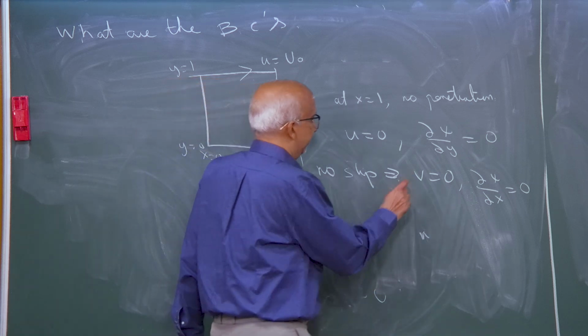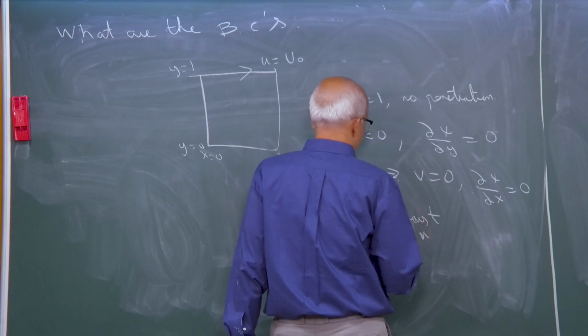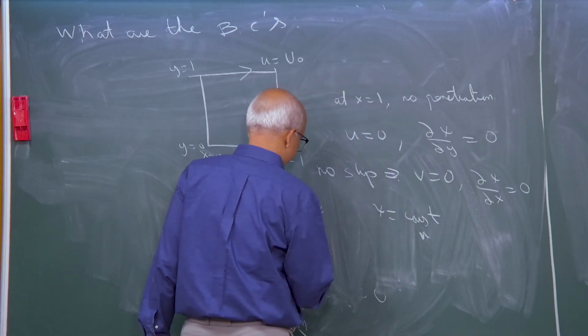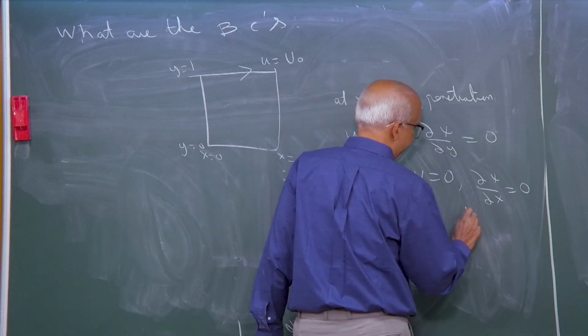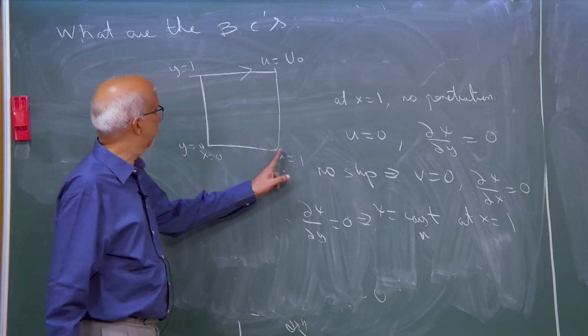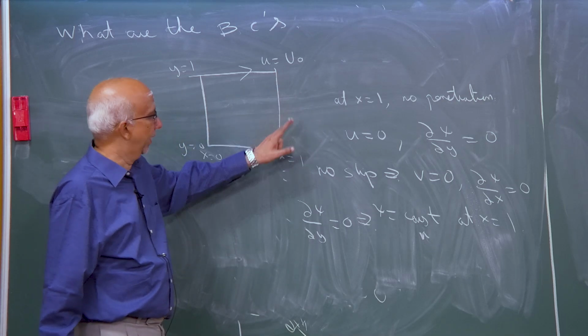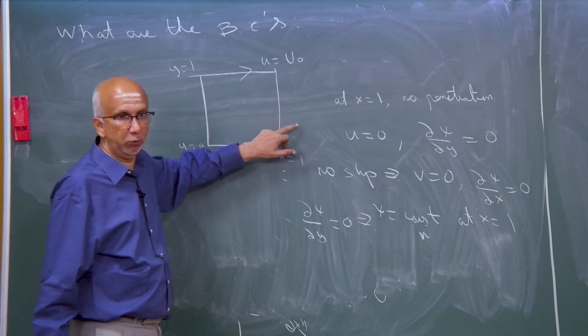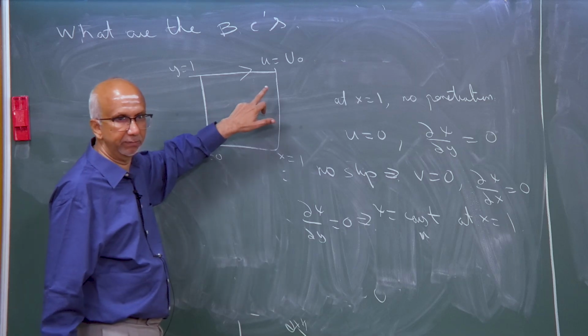So psi equals constant at x equals 1, and d psi by dx is 0. These are the two conditions I am getting. Similarly, I will get two conditions everywhere.